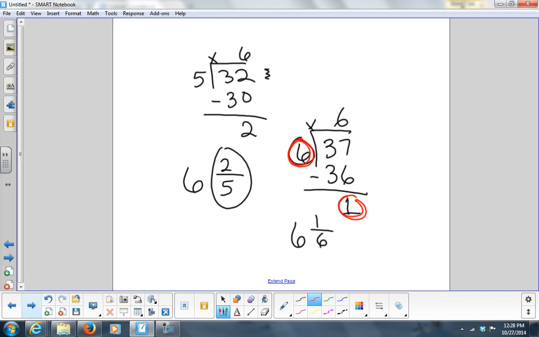This is the answer. This is my quotient. This is my remainder. Okay. All right. The other way. Turn the page. 152.